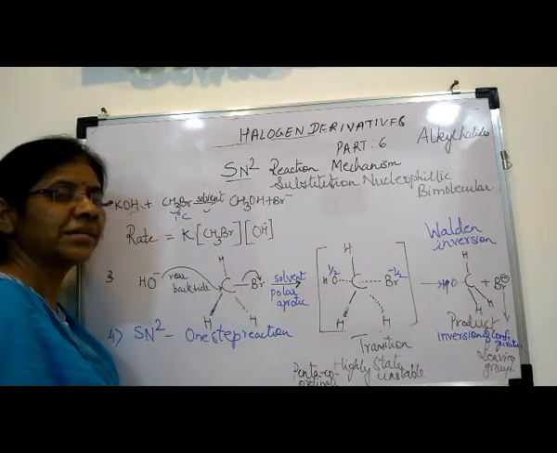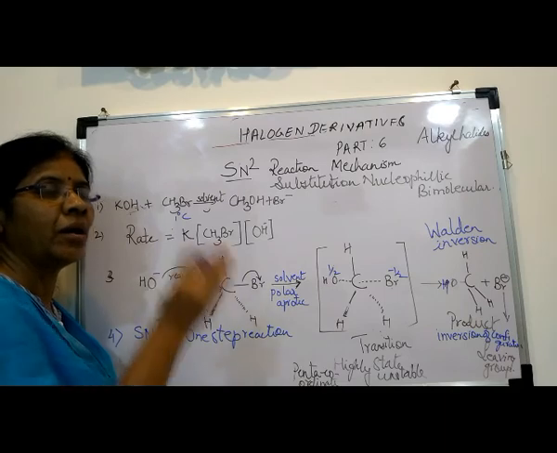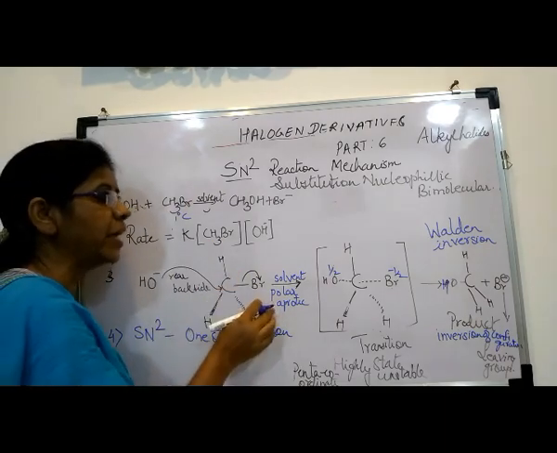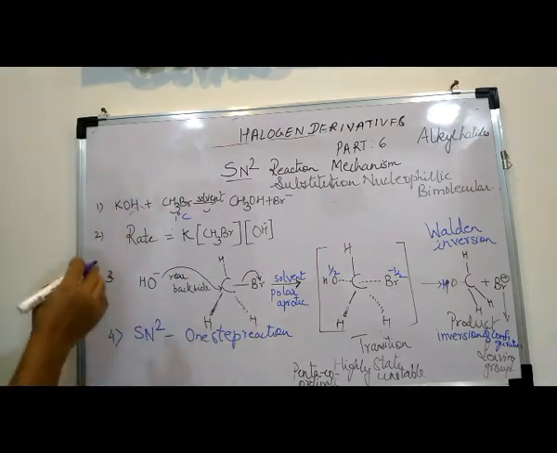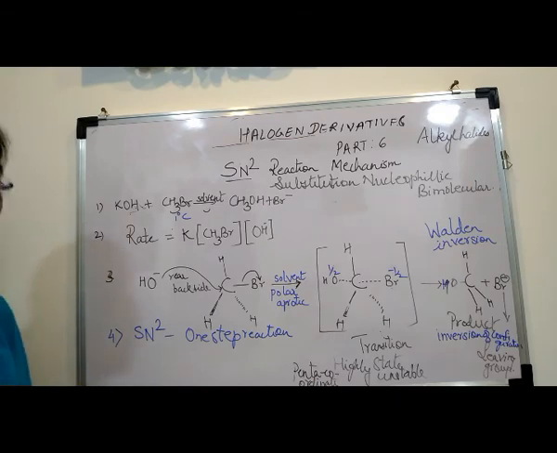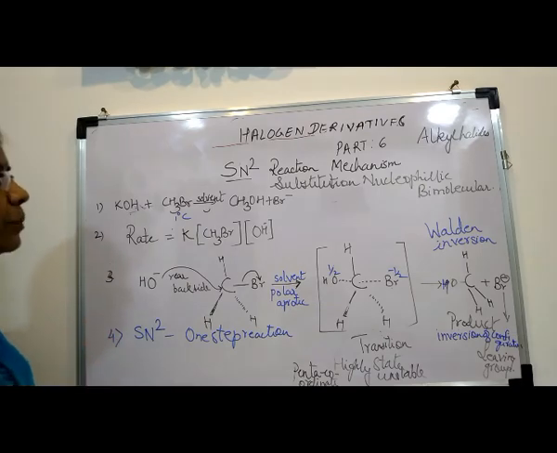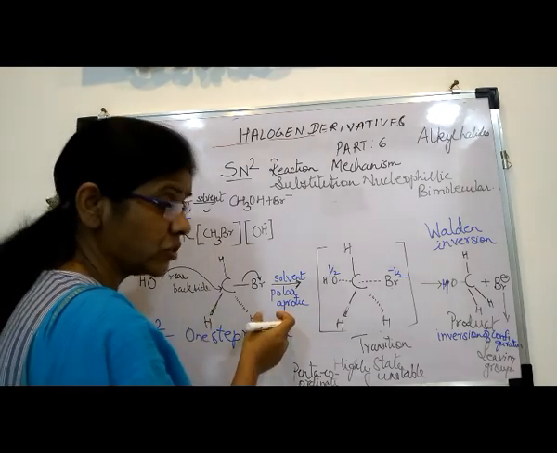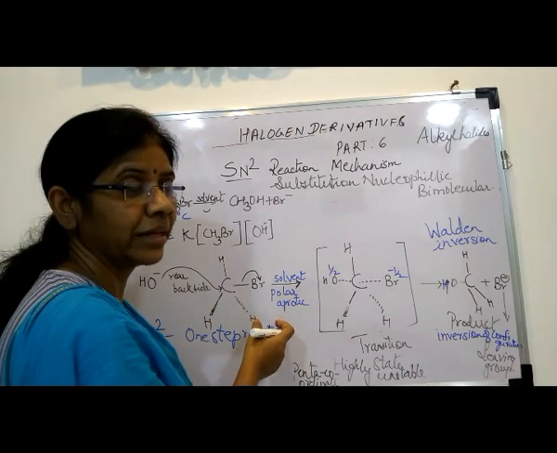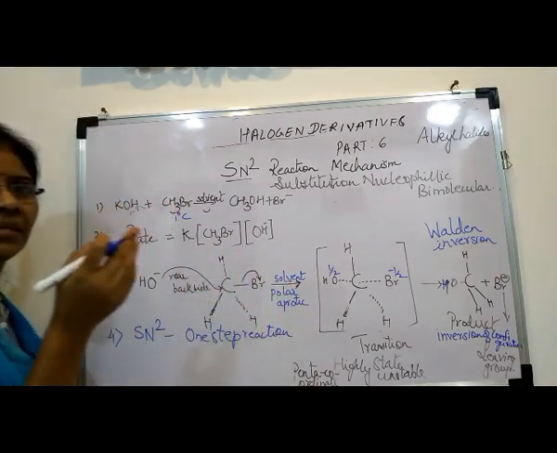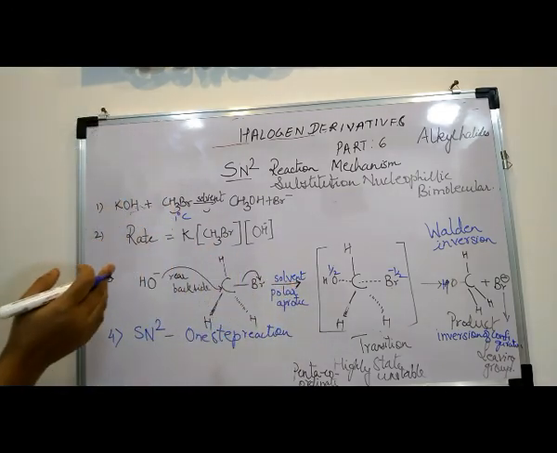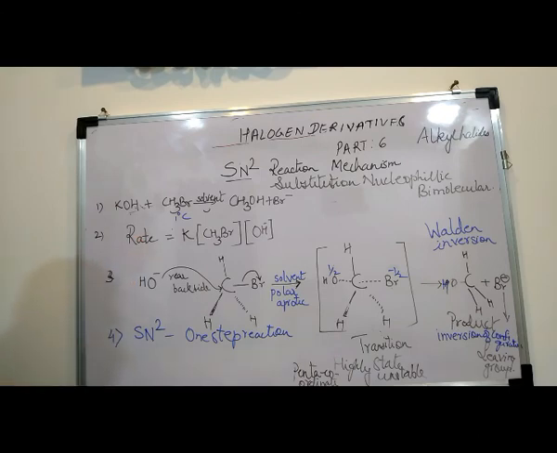Remember that SN2 is favored when the solvent that we use for hydrolysis is polar aprotic. Correct? And I told you polar aprotic solvents like acetone, correct? Then you have DMSO, dimethyl sulfoxide, correct? And so many others. So if those solvents are used, then only the SN2 reaction mechanism takes place.